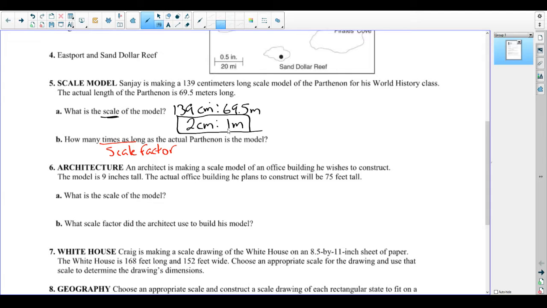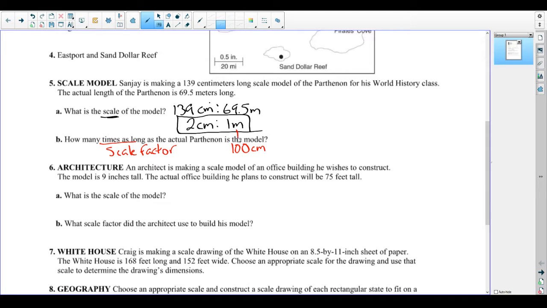We talked about in class, it's easier to convert meters to centimeters than centimeters to meters because 2 centimeters is 0.02 meters, and we probably don't want to deal with decimals. So 1 meter is equivalent to 100 centimeters.